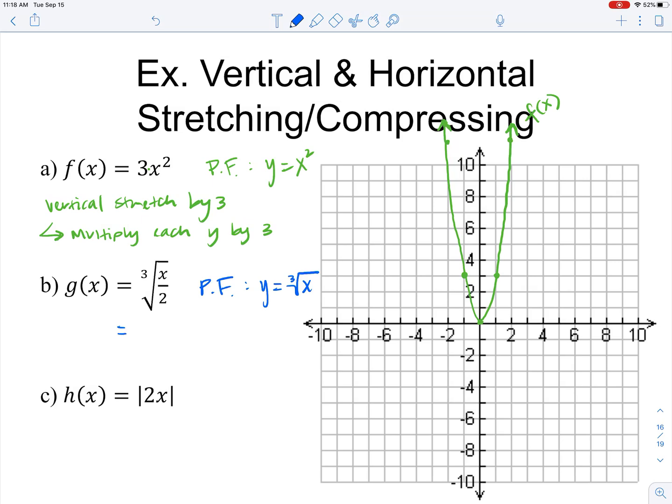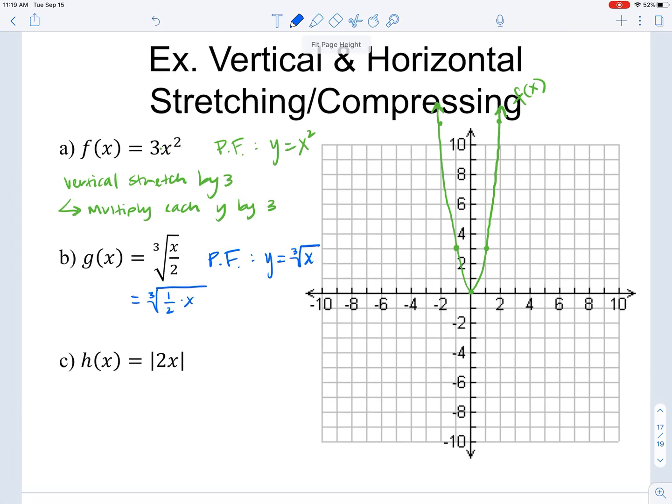So x is being multiplied by 1/2. This can also be written as the cube root of 1/2 times x. So this is a horizontal stretch by 2.